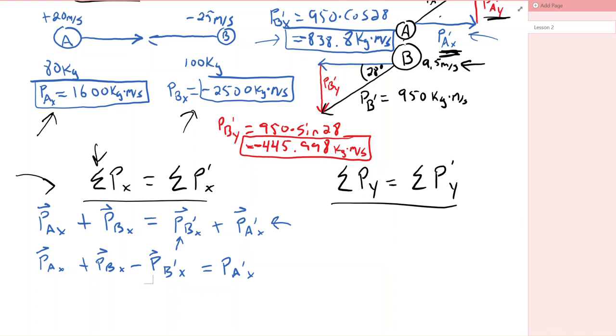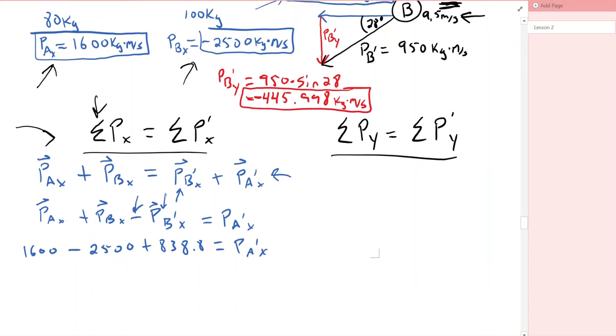So we've got 1600, and it's positive, and then plus negative, so I could say minus, 2500. And then this one was minus a negative, so that's going to be plus again, 838.8, and that should be what my answer is.